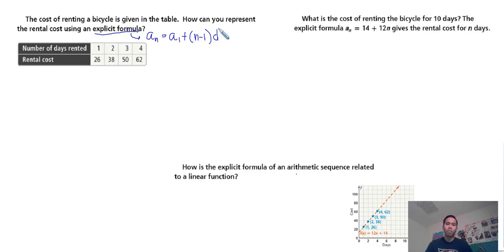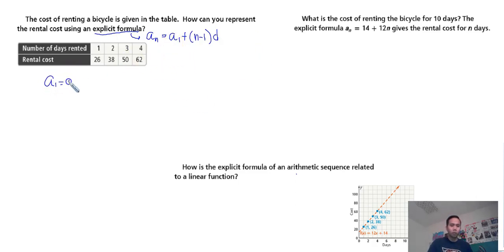I'll repeat. Your explicit formula is a sub n equal to the first term plus the common difference of the sequence times n minus 1. All right, so first we have to identify the first term, which is a1.